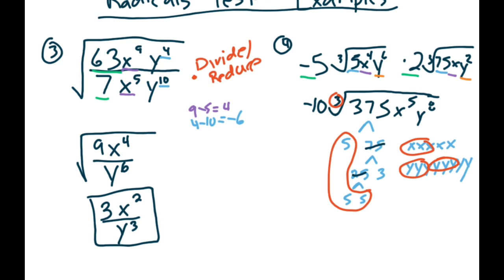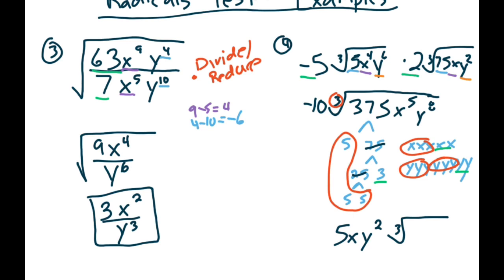So whatever I circle comes outside my radical. So 5 x y squared. And whatever I don't circle stays inside my radical. So I didn't circle a 3, 2 x's, and 2 y's.